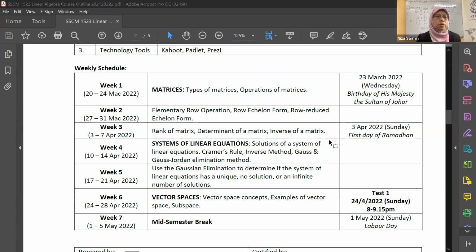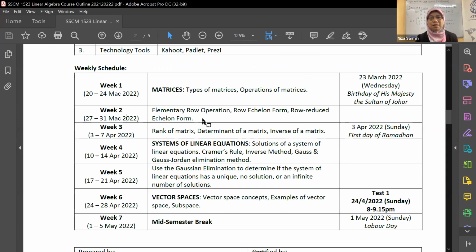Okay, so we are already in the second week, yeah? So I have started a little bit early. I went into rank of a matrix and determinant of a matrix because next Sunday is a holiday, right? Next Sunday is Ramadan. Happy Ramadan. On Sunday, we don't have class.